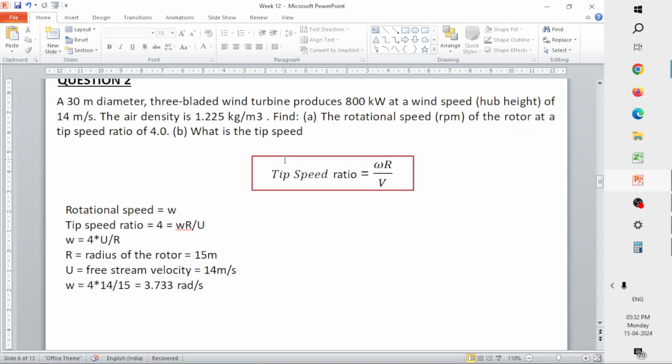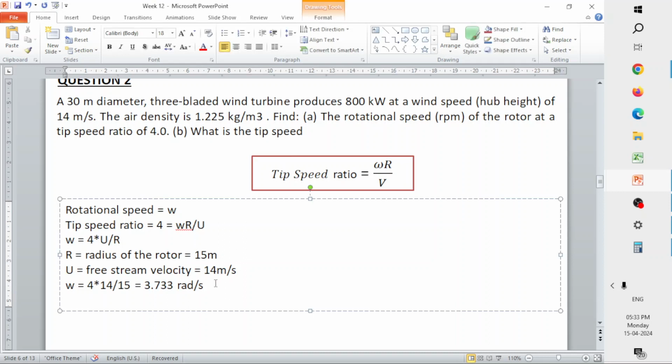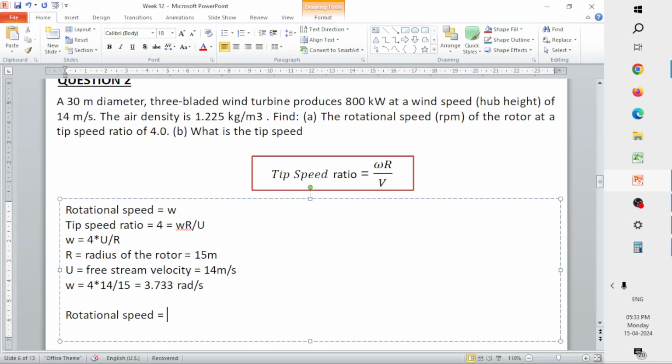Now if you want to express the rotational speed or angular velocity in terms of RPM, then we need to do some further calculation. Omega in RPM, or to be honest, the number of rotations or rotational speed, will be nothing but 2 times pi times omega by 60.